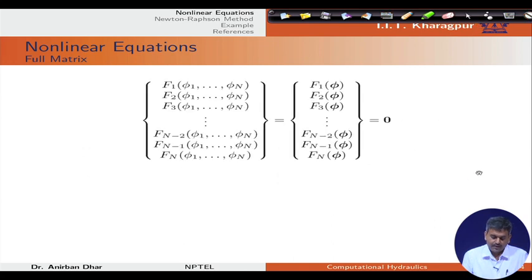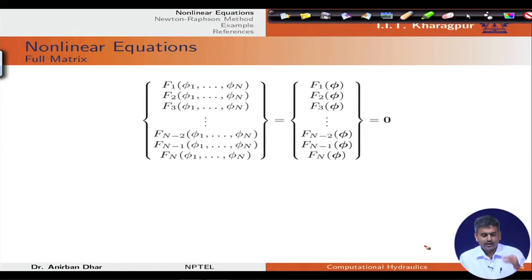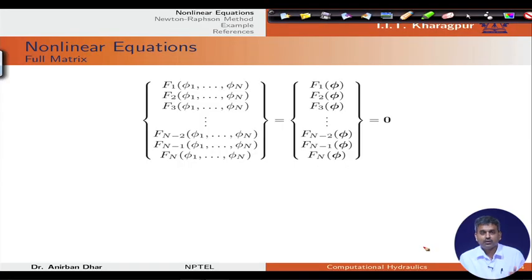Now, if I write that form with f1, f2, f3 up to fn, remember that in this case we are representing each row with a different nonlinear function. F1 represents the first row, F2 the second row, F3 the third row, like that, Fn is the nth row.